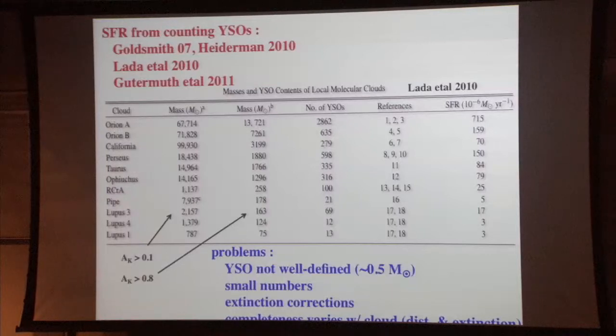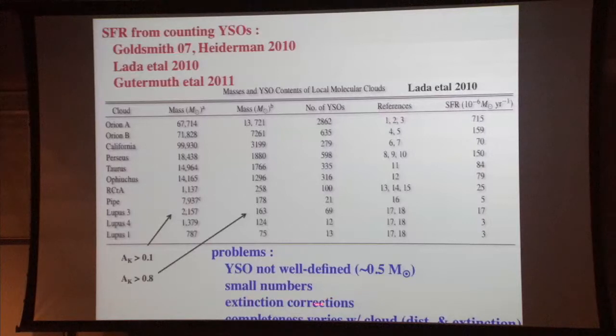There's no consideration, as far as I could see in the papers, for the evolution down to the main sequence, the amount of time you spend in different phases, where these YSOs are in that evolution, and how reliable these mass estimates are. The other problem is that in some of the lower mass clouds in the sample, the numbers of objects that you have are so small that there's a big statistical uncertainty.